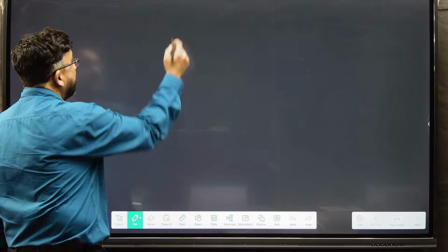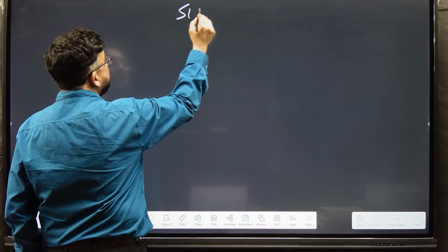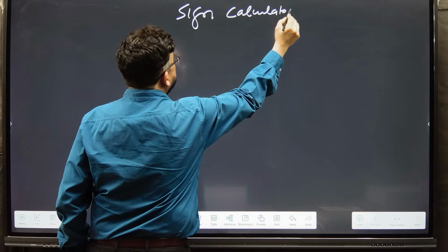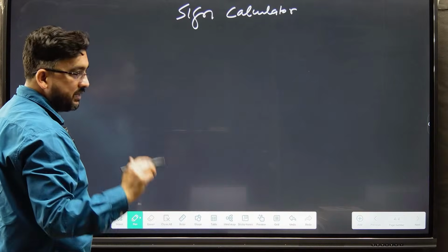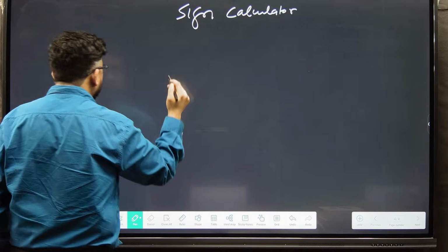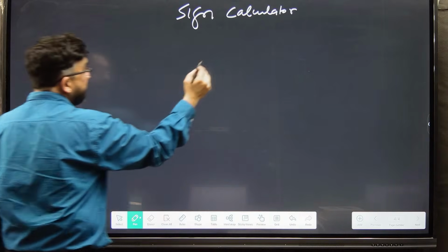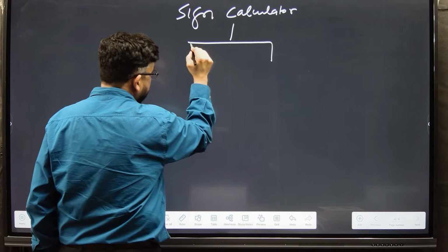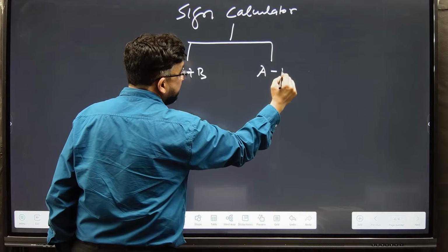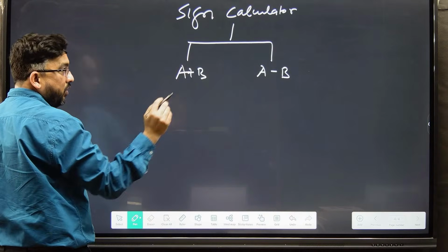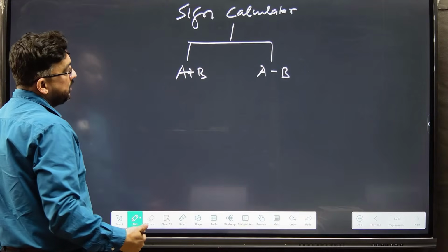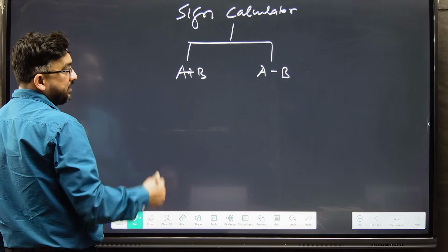Okay, so let's start. My first project is the sign calculator. I already gave a small introduction previously. For this sign calculator, as I mentioned, I want two operations, A plus B and A minus B. Now I am going to take a session in detail.